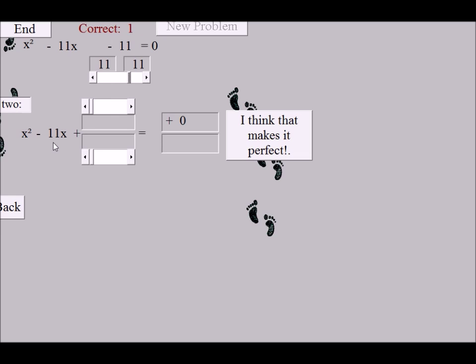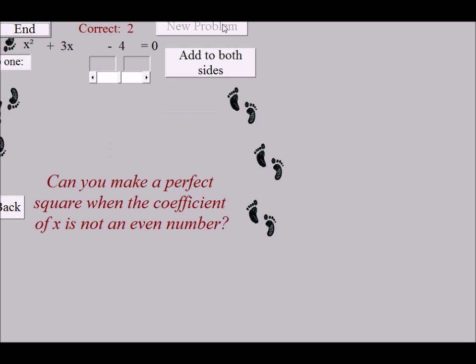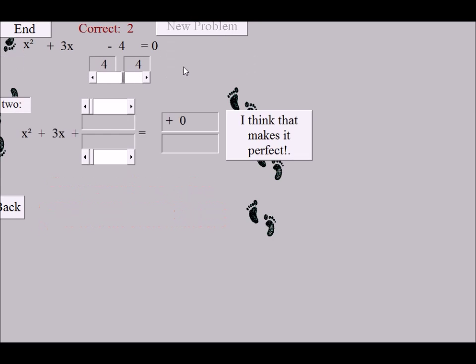Just think of it as 11 halves. 11 halves squared is 121 over 4. I think that makes it perfect. 11 halves squared, that makes it perfect. We're right.